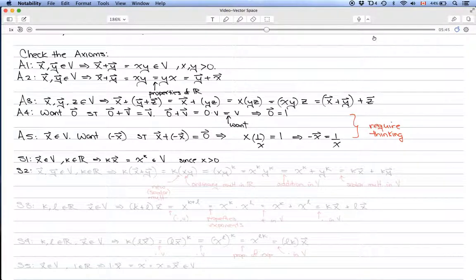For S2, we take two elements in our space V, and we take a scalar and show the distributive property. So we consider k times x plus y, which is equal to, by definition, k times xy, where here this is ordinary real number multiplication, and over here we have our new scalar multiplication.